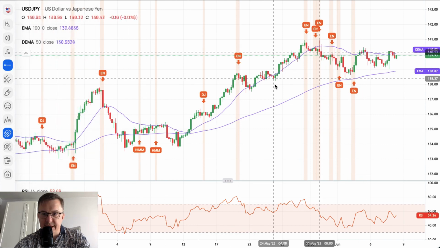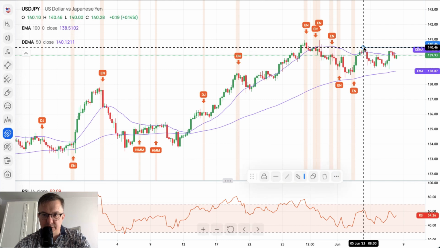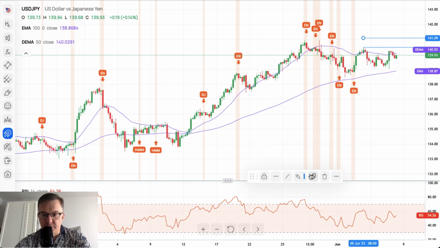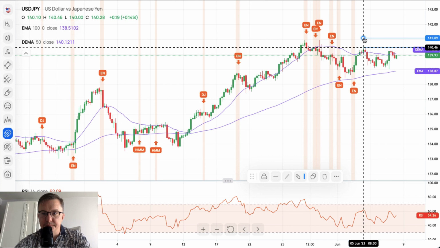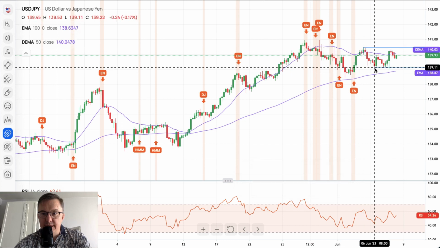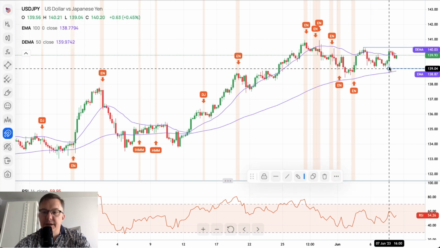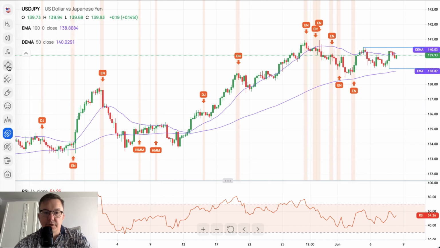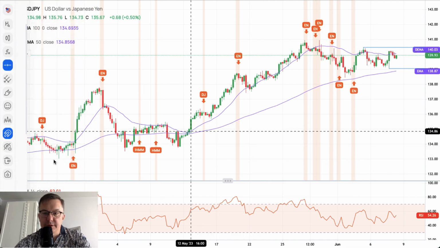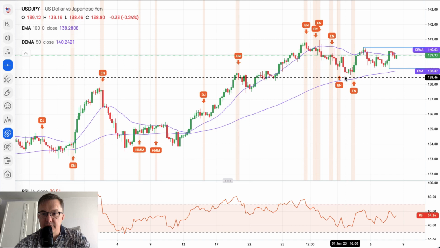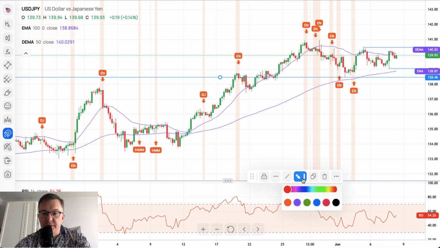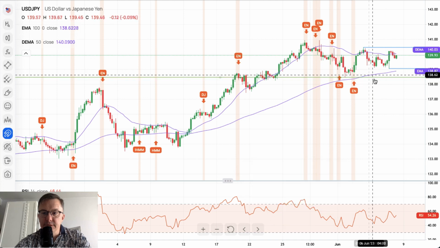The market has been stuck between the levels of 140.46 and 139.04. The other technical support is located at the level of 138.46, which is way below the key moving average.